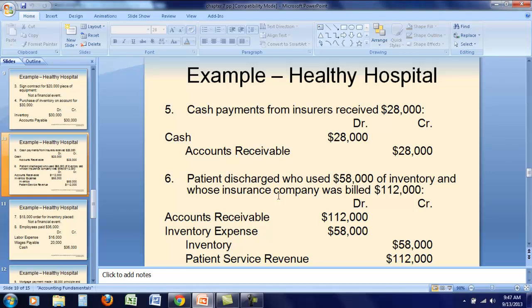So you will record the deposit of $28,000 by debiting cash. And then you will decrease your accounts receivable by crediting it to note that you actually received your $28,000. When you provided the service, you would have debited your accounts receivable originally, and now this is the second half of actually receiving the cash.